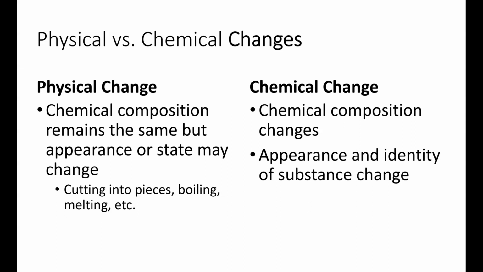Physical and chemical changes are essentially changes of those physical or chemical properties. In a physical change, the chemical is the same throughout, but it has changed in some way. So you could cut something into pieces, you could boil it, you could melt it, you could freeze it, you can do all sorts of different things to change it physically.